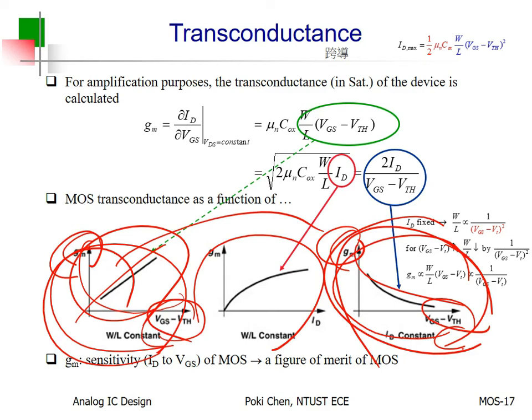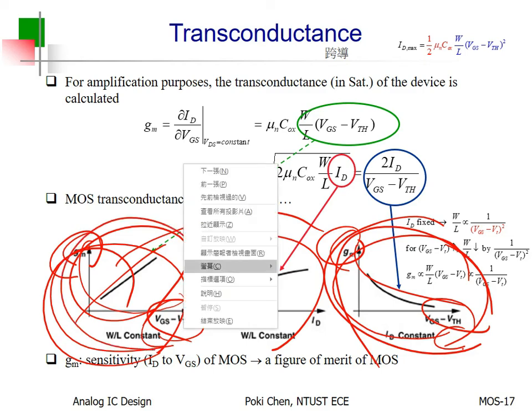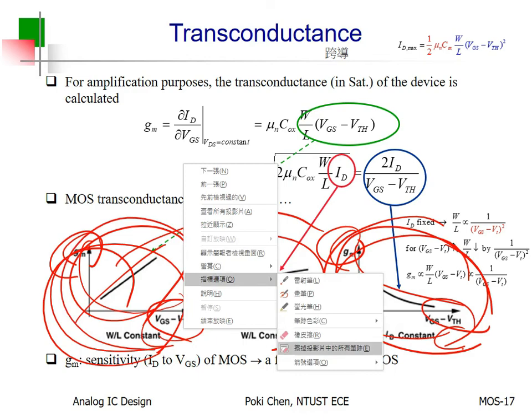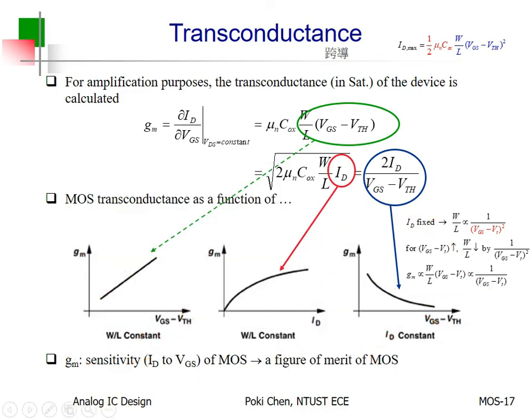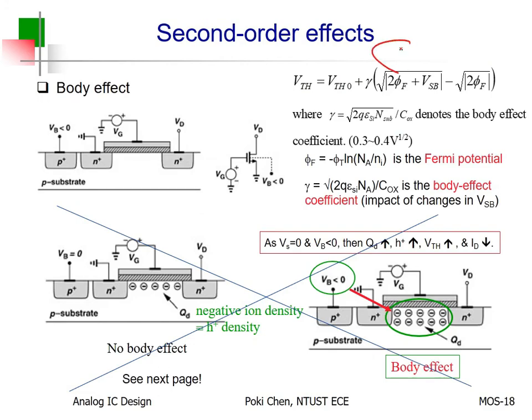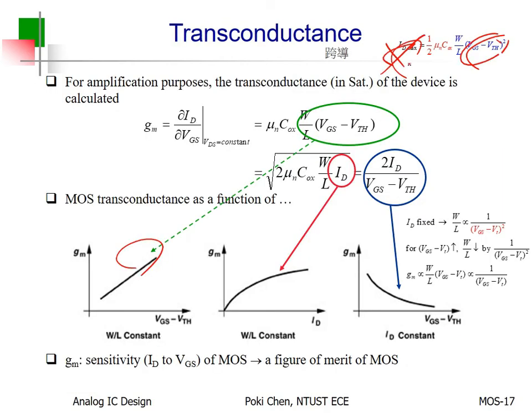For the first one, ID is not fixed. It depends on this. If you increase overdrive voltage, ID will increase with the square of the overdrive voltage.